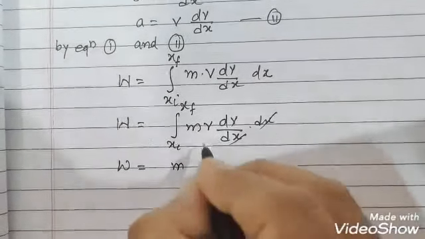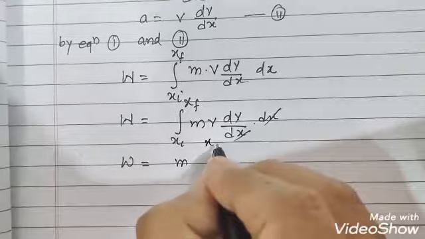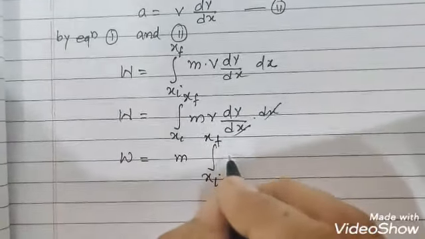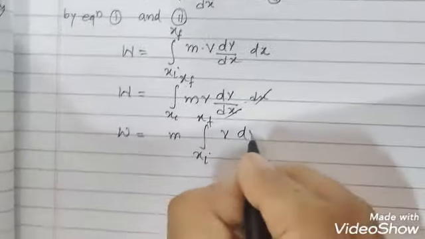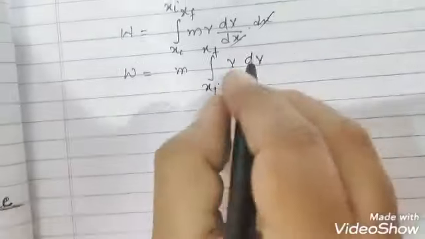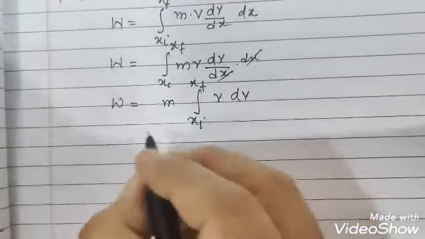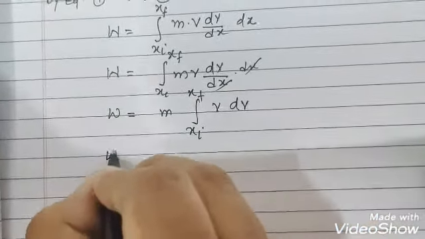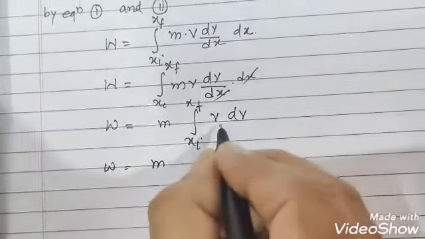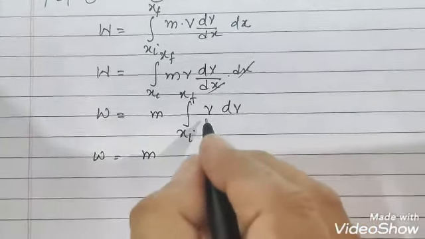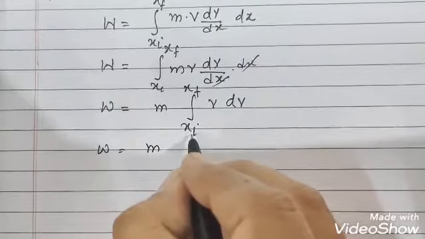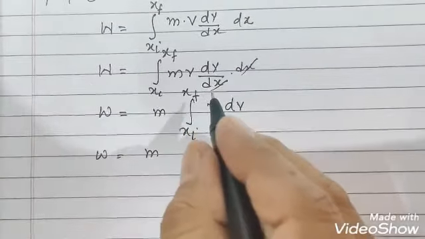You will see the integration of v will be there, that is v dv, and the integration of v is what? It is from initial position, that is xi to xf we will take.